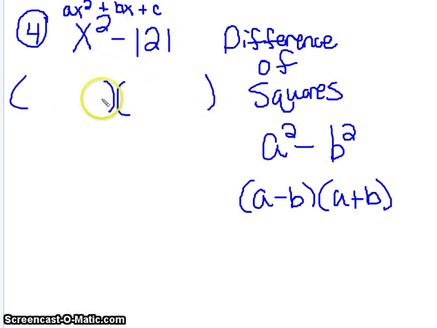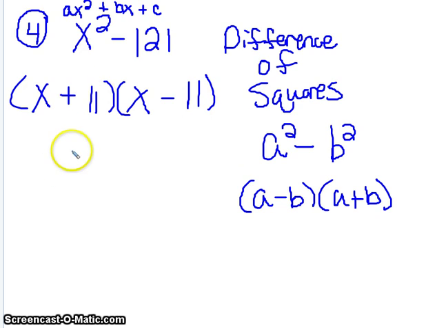X squared minus 121 is going to be x and x. Square root of 121 is 11 and 11, and then one's going to be plus and one's going to be minus. It doesn't matter which order you write the plus and the minus because of your commutative property. It doesn't matter. X plus 11 times x minus 11 is the same as x minus 11 times x plus 11.